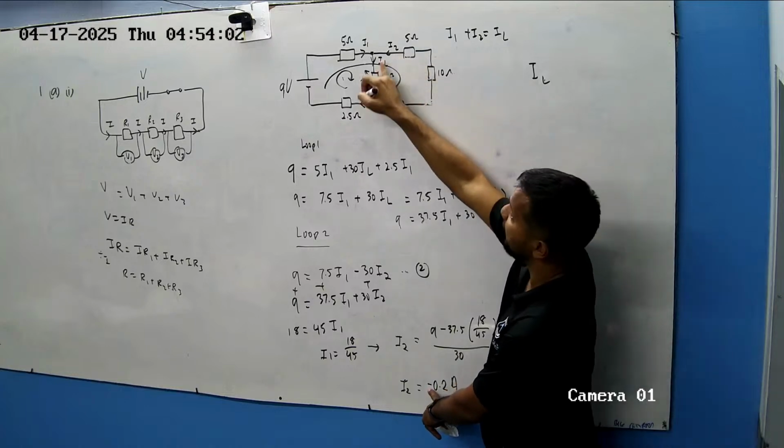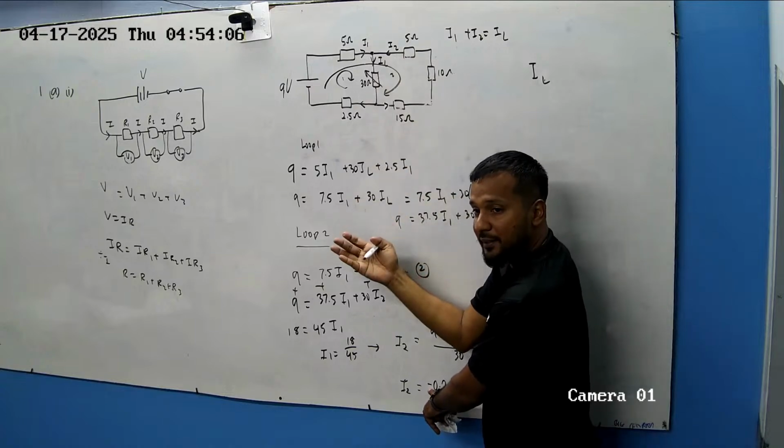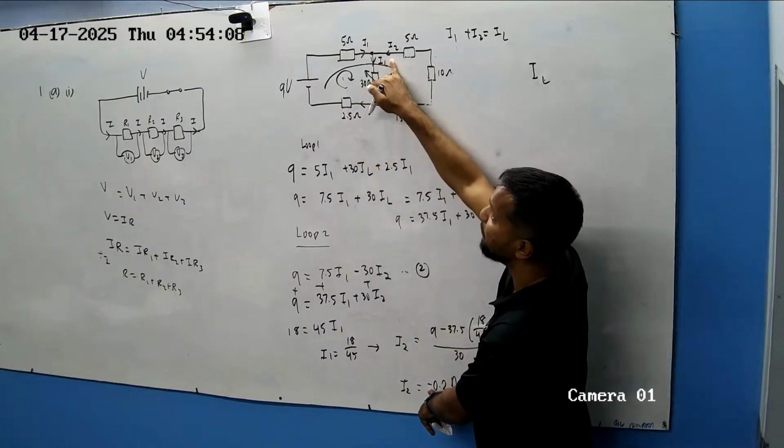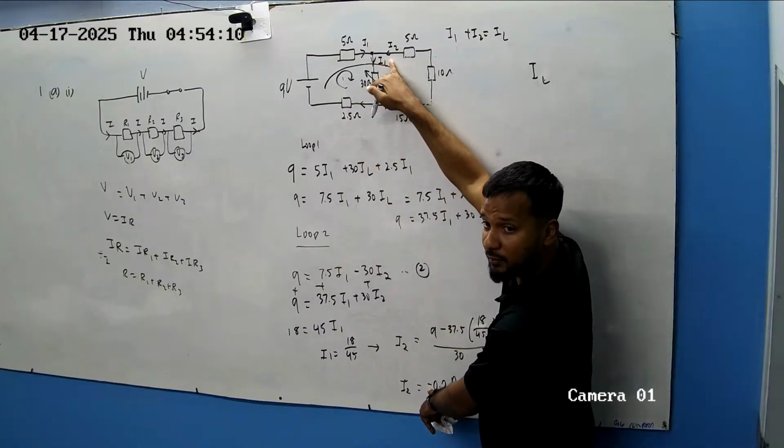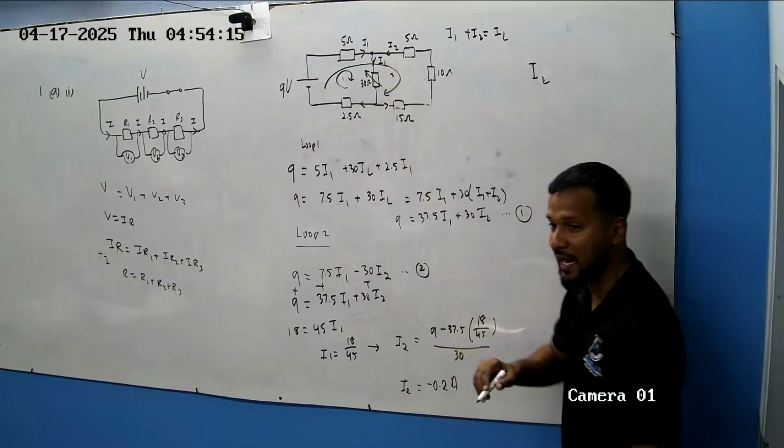The current direction should have been the other way, but nothing wrong with that. It will still give you the same answers. All this means is that I put the current direction in the wrong direction. If you had put it the other way, you would have gotten 0.2 for I2.